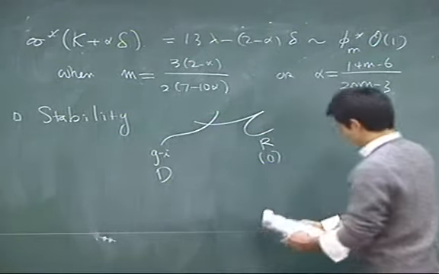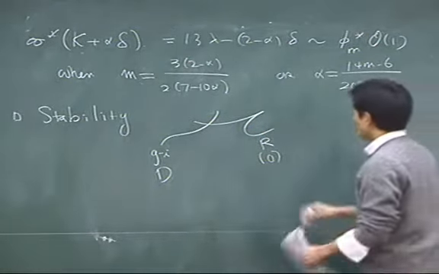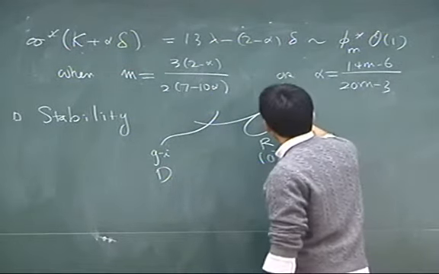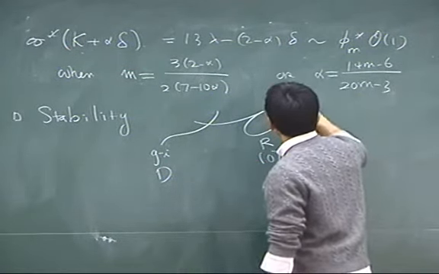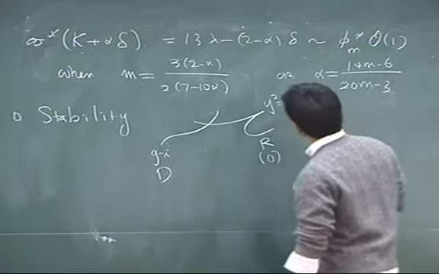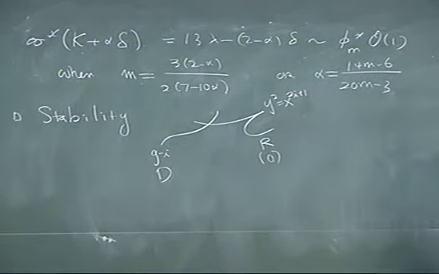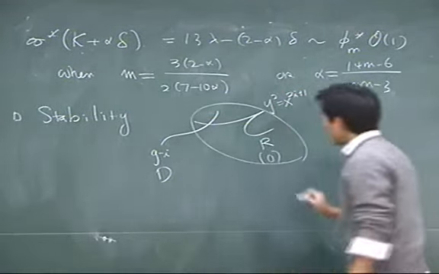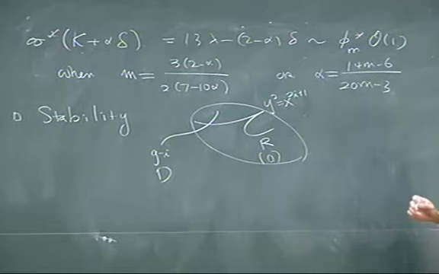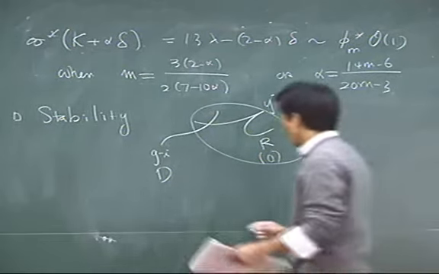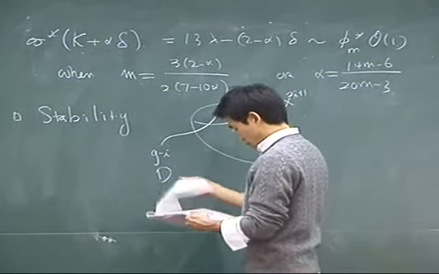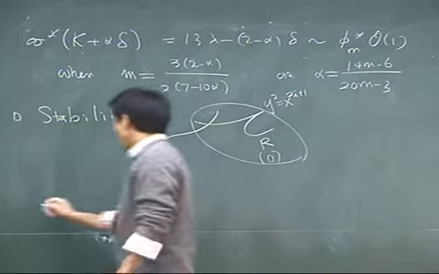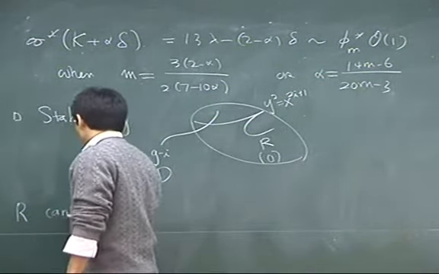It's normalized by a genus 0 curve, and here it's got this singularity, and then this guy has a parametrization. So R can be parametrized.